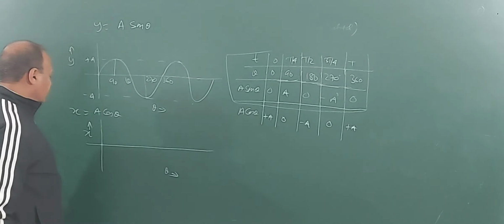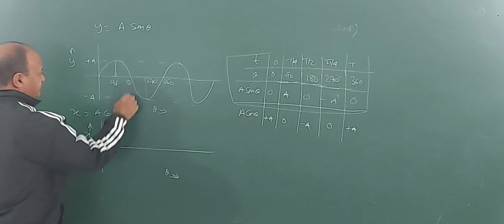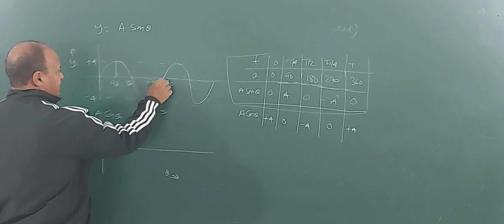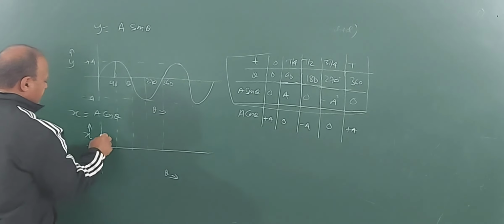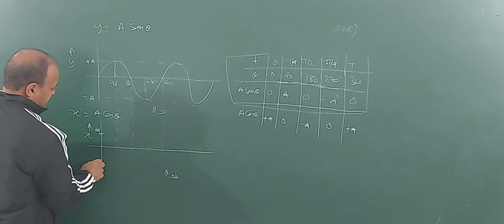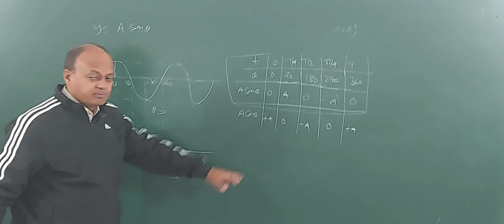So when you are plotting cosine, then the graph will come like this. This is 90 degrees, this is 180 degrees, 270 degrees, 360 degrees. This is plus a and this is minus a. So let us plot it. When theta is 0, then cosine is plus a.